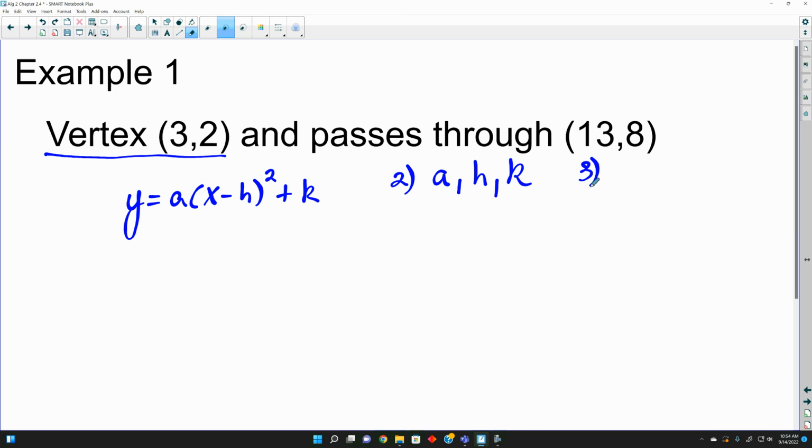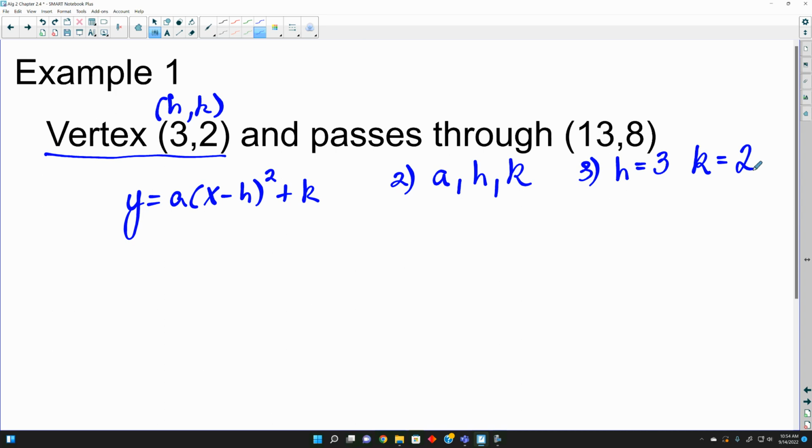That brings us to the last part on this page, because it's saying, which variables do we know the value for? Well, because we know 3, 2 is the vertex, which is our h comma k, is that point. Which tells us that the value of h is 3 and the value of k is 2.